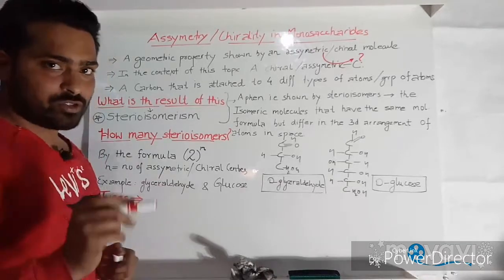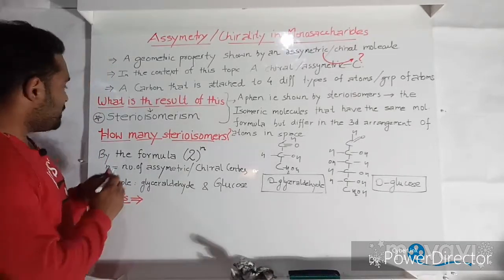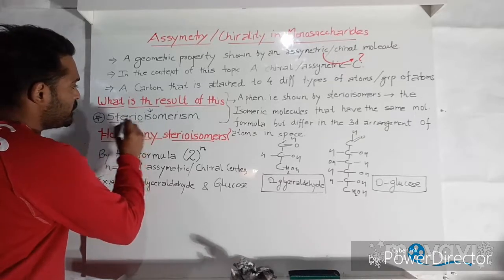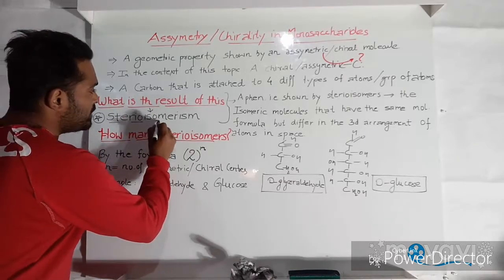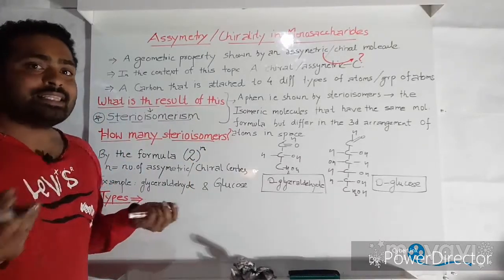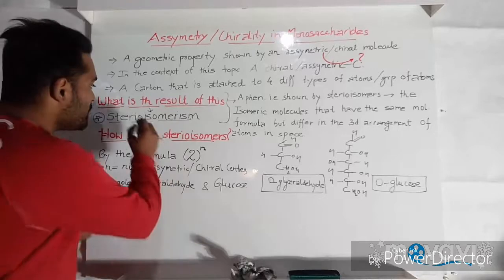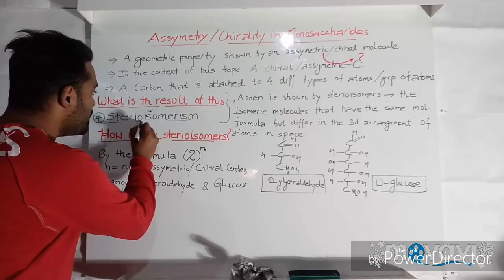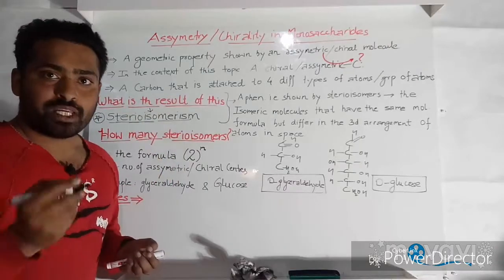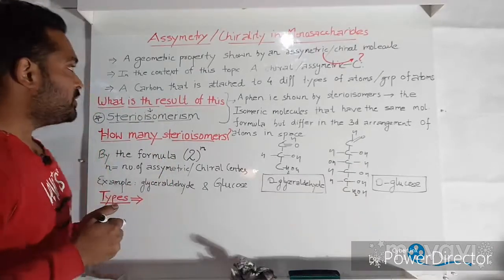What is stereoisomerism now? Before that, we split this term: stereo, iso and merism. The meaning of stereo is the 3D arrangement of atoms. Iso means, we all know, same. Merism means duplication or repetition.